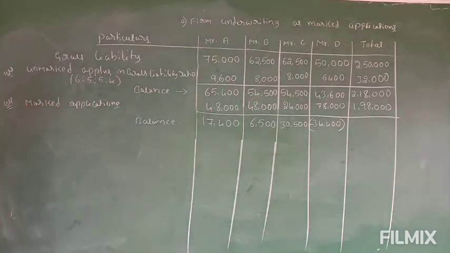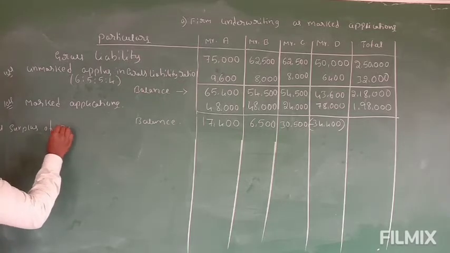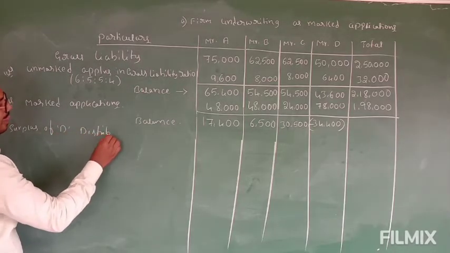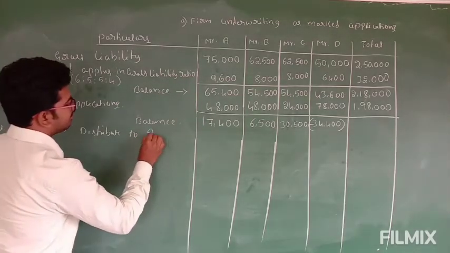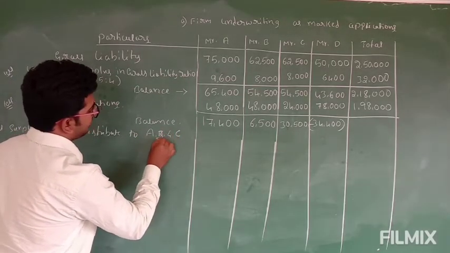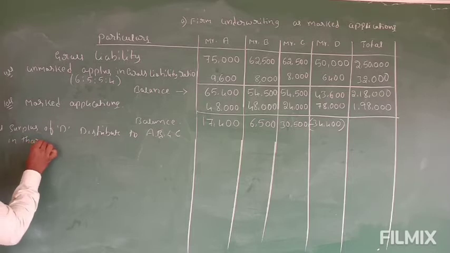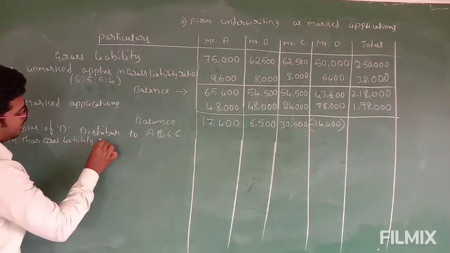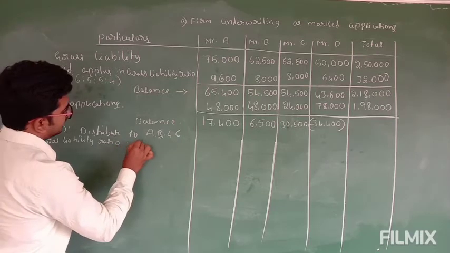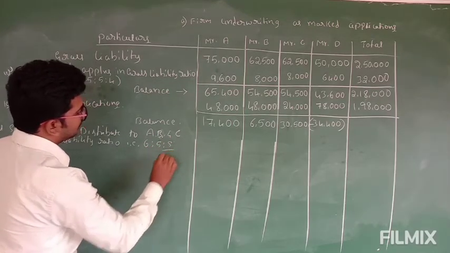The next column that we select, surplus of D, distribute to A, B and C in the gross liability ratio, 6:5:5.